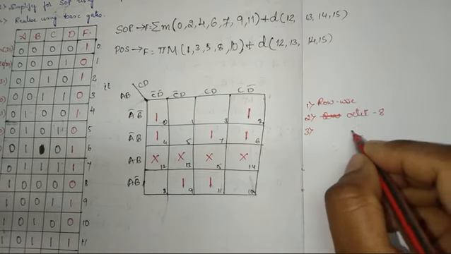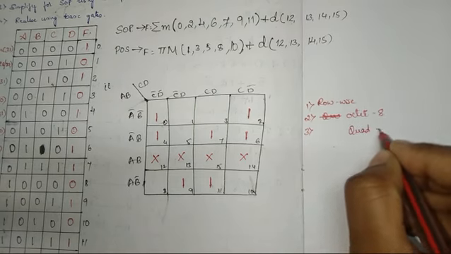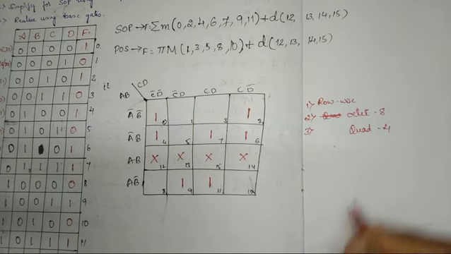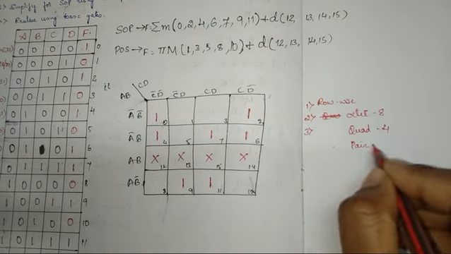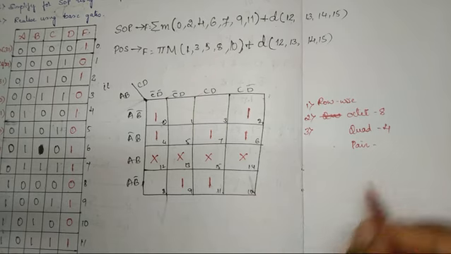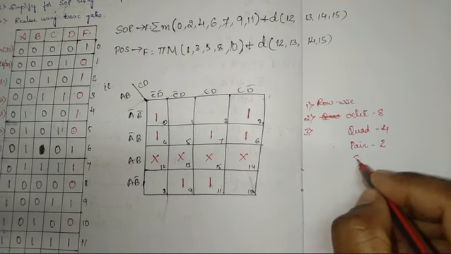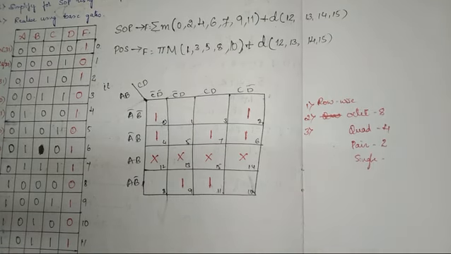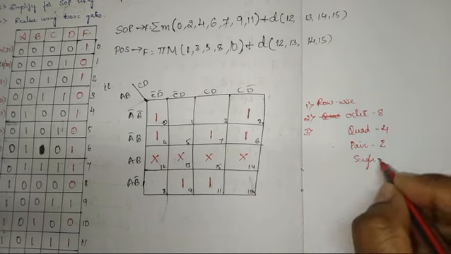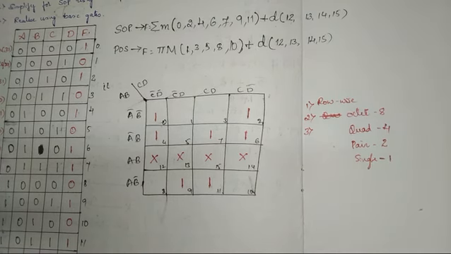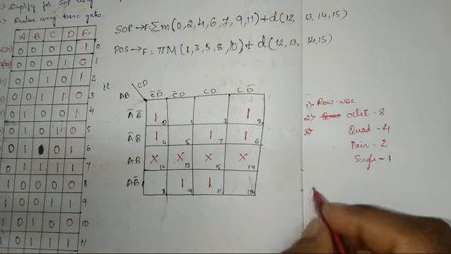If we didn't get any octet, we should go for quad. Quad has 4 ones in it. We all know this. If we won't get any quad, we should look for a pair. Pair has 2 ones in it. And then if we don't get a pair, we should leave that one as a single. Okay, that is the second rule.